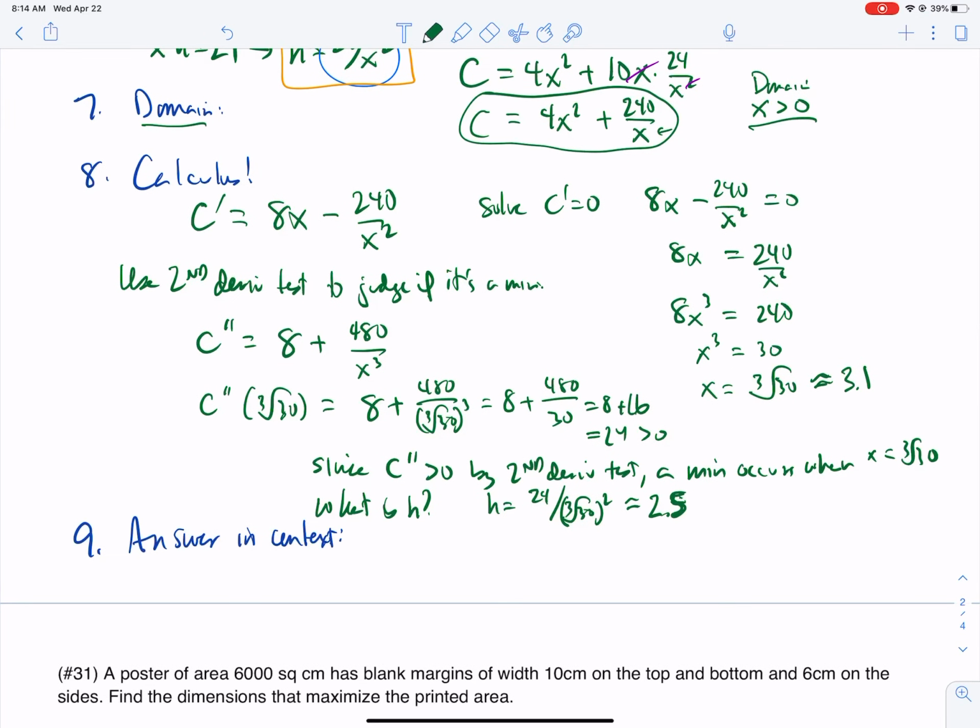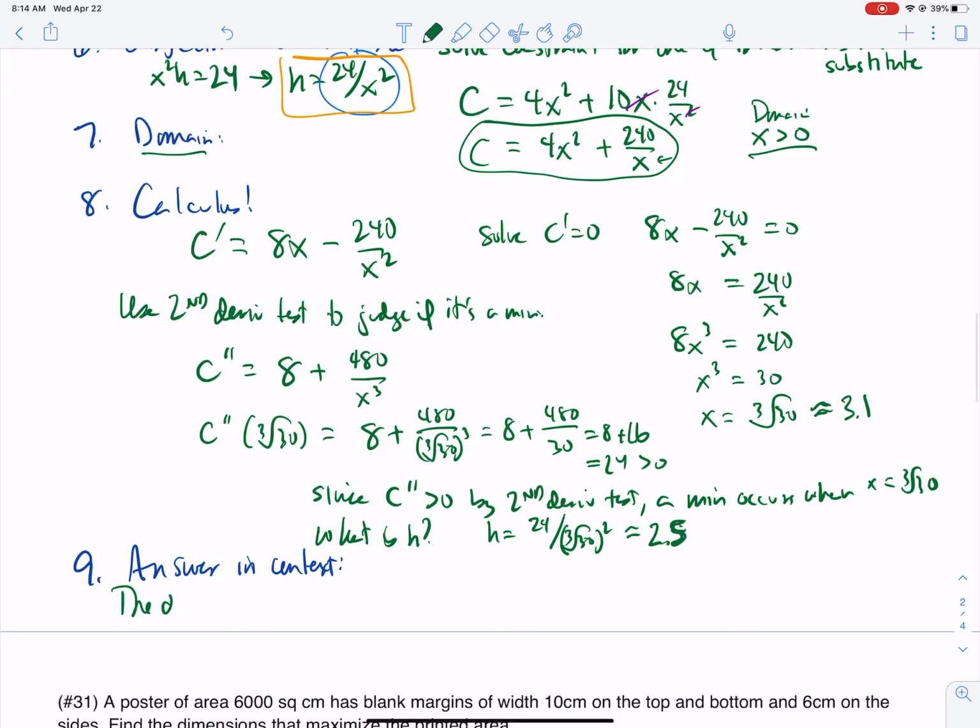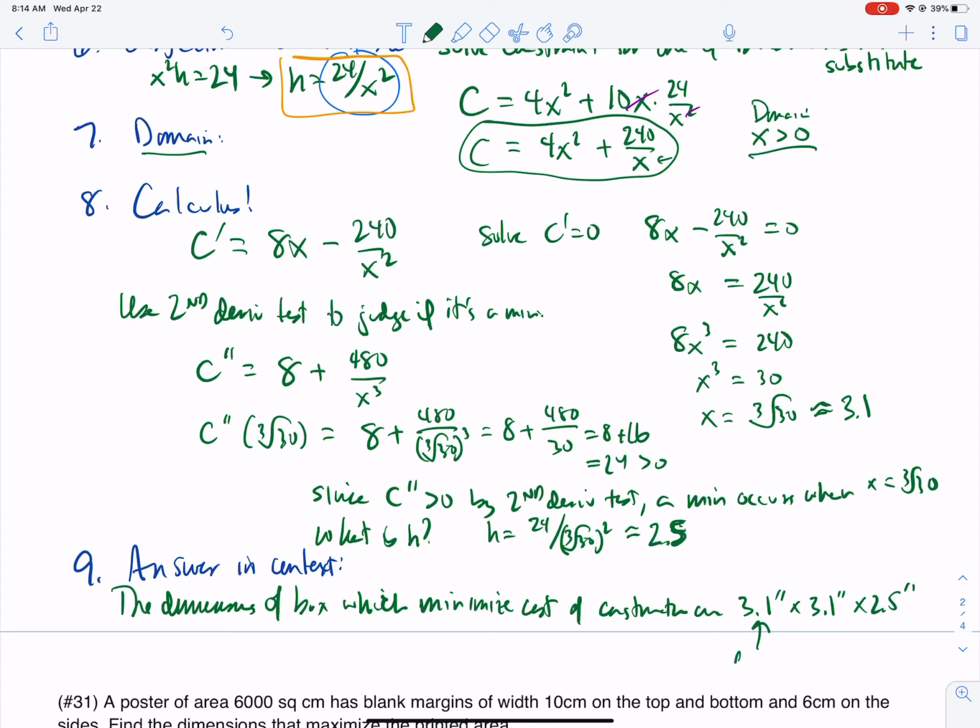And so to answer this problem in context, the dimensions of the box which minimize cost of construction are 3.1 inches by 3.1 inches by 2.5 inches. And this is length, width, and height.